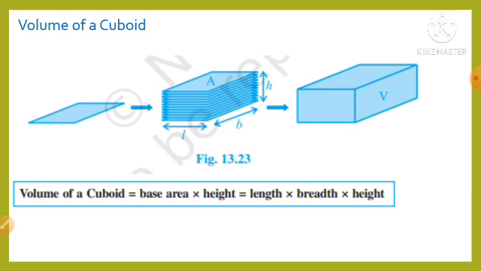In this case, the volume of the substance that can fill the interior area is called the capacity of the container. So in short, the volume of an object is the measure of the space it occupies, and the capacity of the object is the volume of the substance its interior can accommodate.